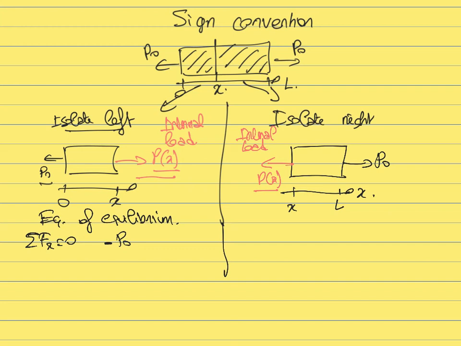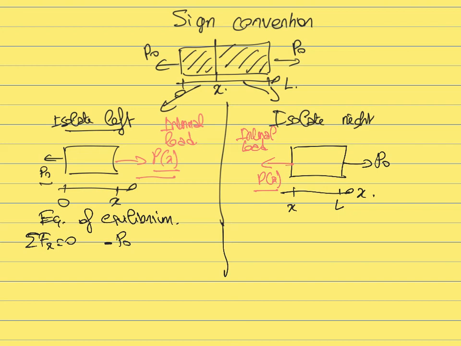And then we have the internal load. Remember that irrespective of the sign of the internal load, whether it's a positive or a negative internal load, its projection may be positive or negative. The projection of the internal load has nothing to do with the sign of the internal load. An internal load that is positive means that the beam is under tension.